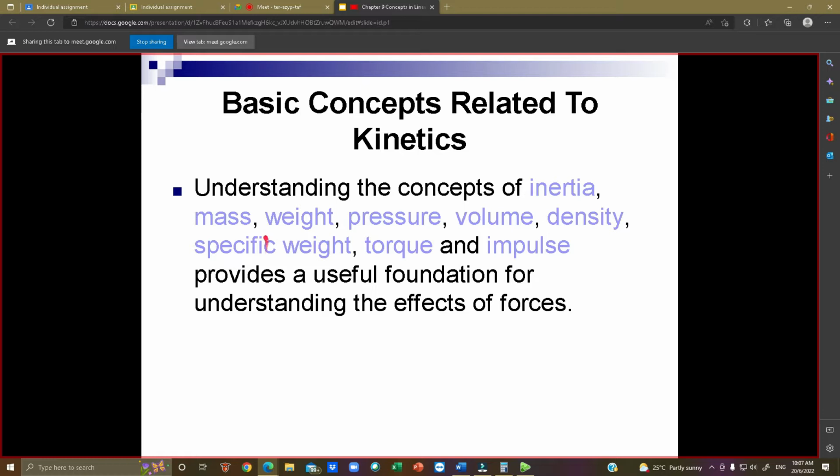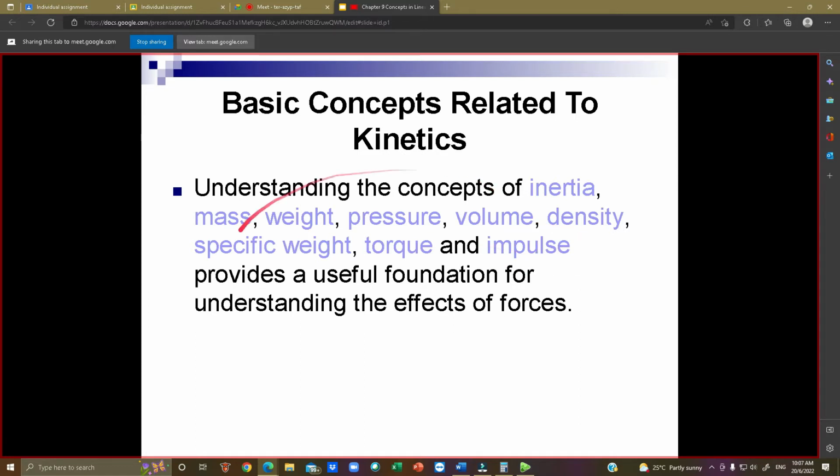We have specific weight to measure pressure later on. We have torque, which is force in terms of angular, which produces rotation. And finally, we have impulse, or force that is inflicted on an object. Jadi dekat impulse ni kita akan bincangkan impulse momentum theorem nanti.